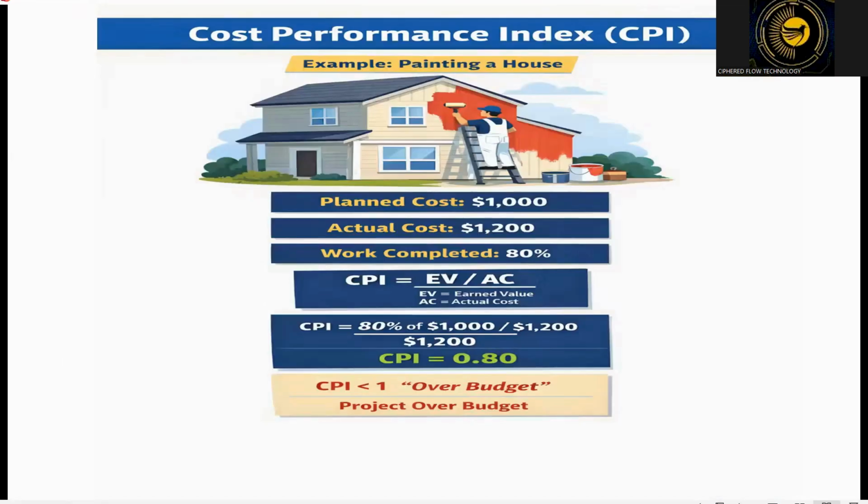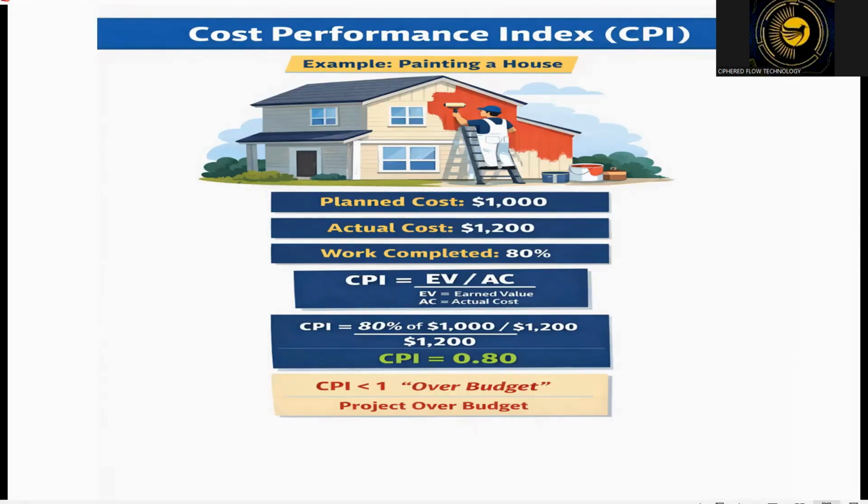The next one is CPI, that is Cost Performance Index. This is a cost efficiency measure. The formula for CPI is earned value divided by actual cost.